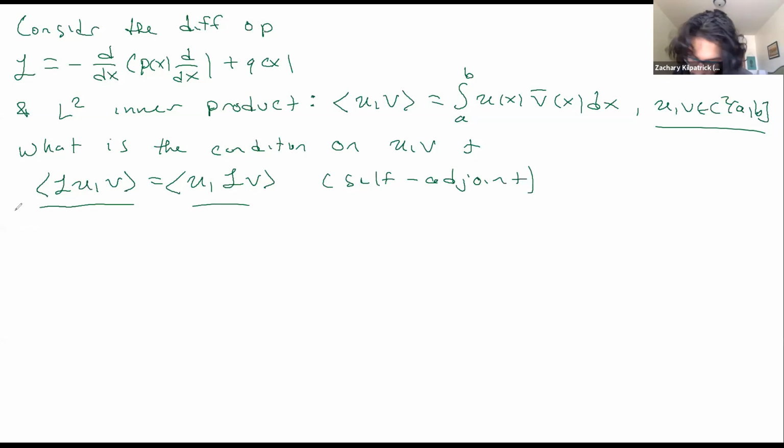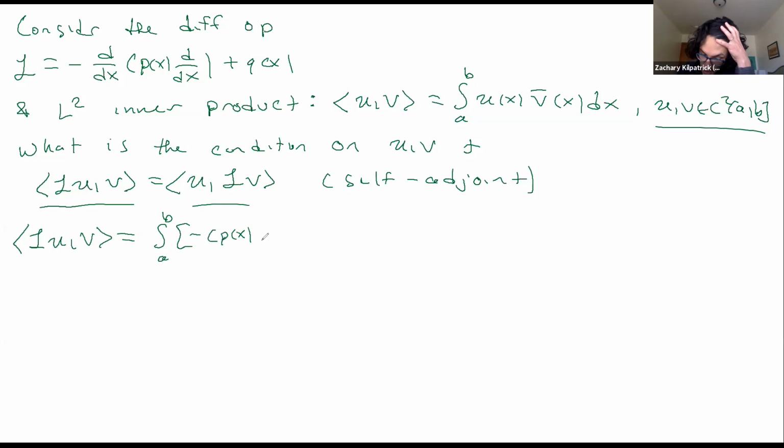So let's start by computing the L2 inner product. L u, v is equal to the integral of minus p of x, u prime, prime, plus q of x u, times v conjugate, dx.